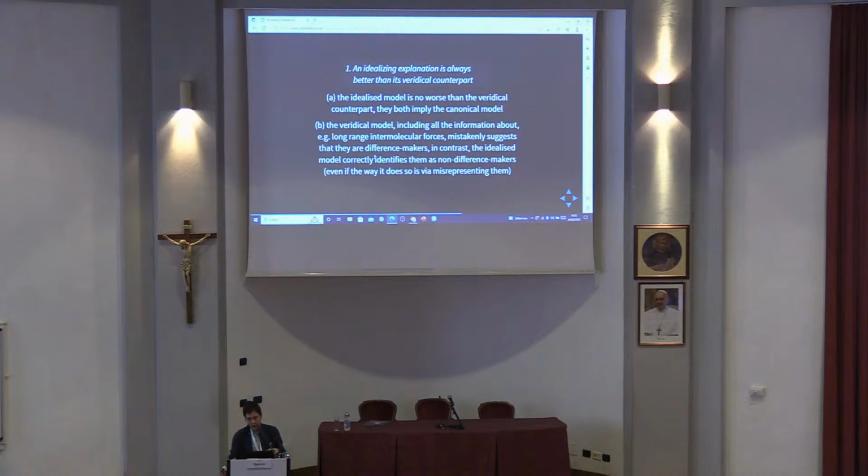But moreover, there's something wrong about the veridical model, at least as it comes to the explanation that you're trying to give, because when it specifies the exact value of long-range intermolecular forces, or the exact trajectories that those molecules take, it mistakenly suggests that they're difference makers. In contrast, the idealized model, the thing that sets that to zero, identifies them as non-difference makers, but it does so by misrepresenting them.